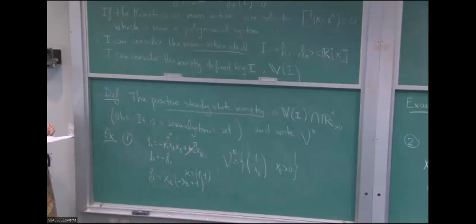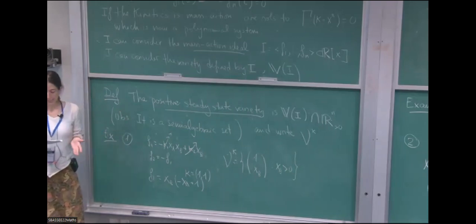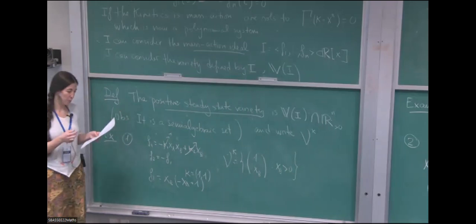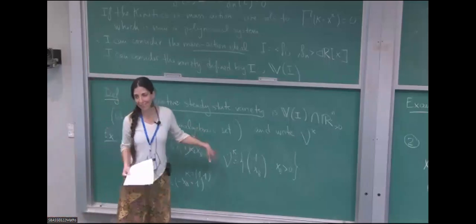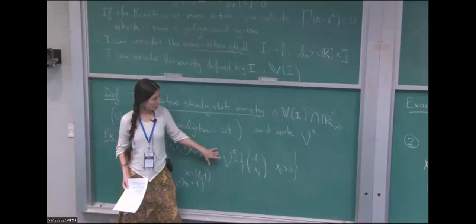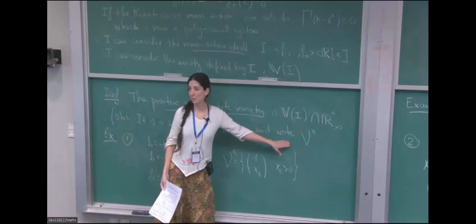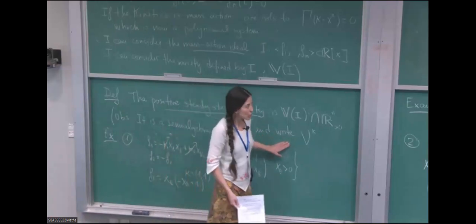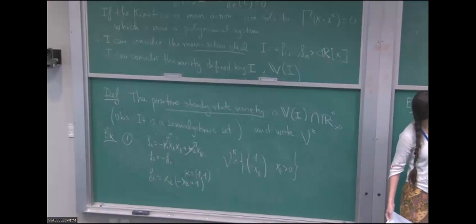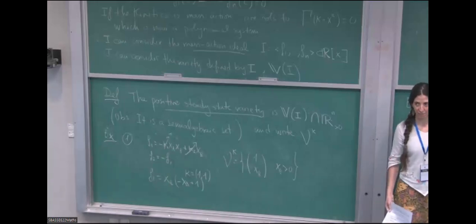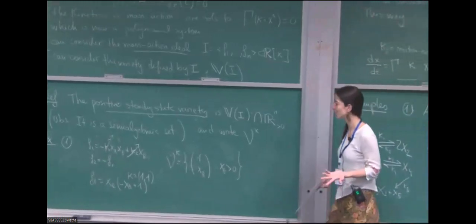And now that I have all these definitions, the goal of all of this, mathematically, is to determine properties of the positive steady state varieties, which are determined by the network structure and the kinetics, assuming mass action kinetics.